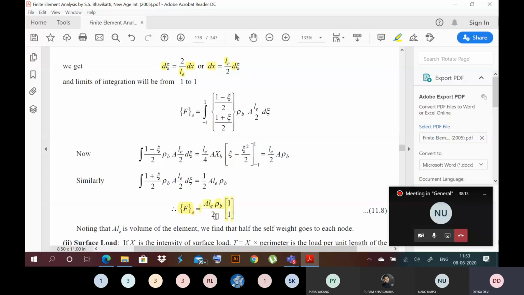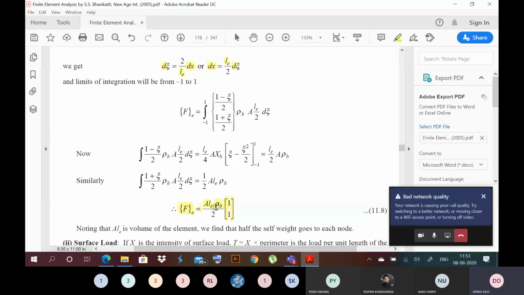So for a particular element, if you replace the values of A and le for that element, you get the contribution of the body force at the two nodes of the element. So we have converted the uniformly distributed body force into nodal forces.